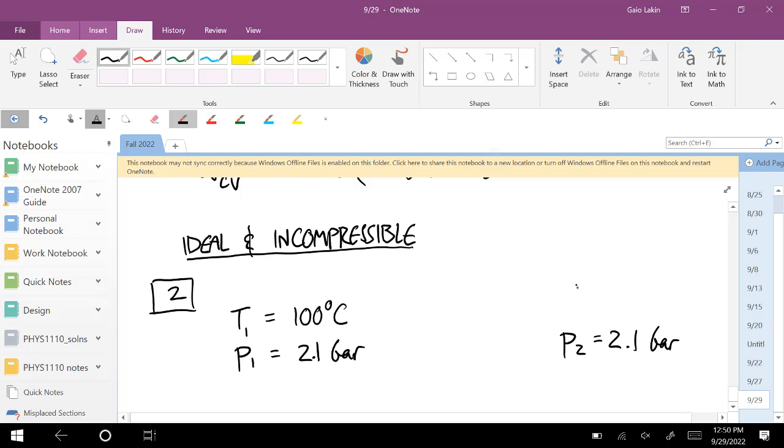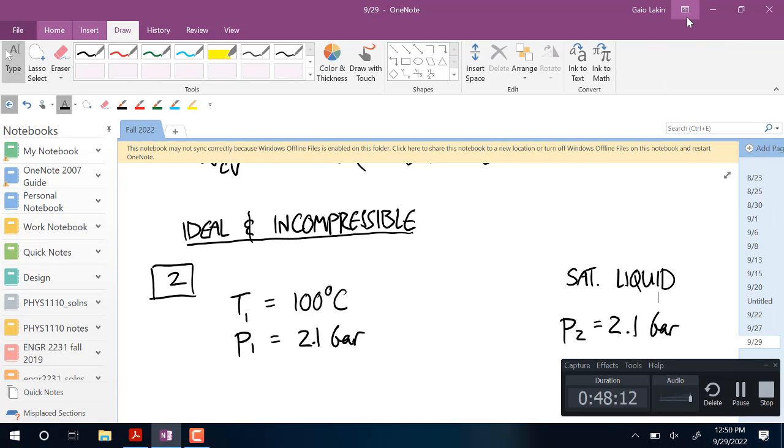We know at the end it's a saturated liquid. So it's a liquid the whole time, which means we can assume that it's incompressible through this whole process. So the first thing it asks us to look up is the specific heat, it looks like. Is that what I said before? Yep. Okay.